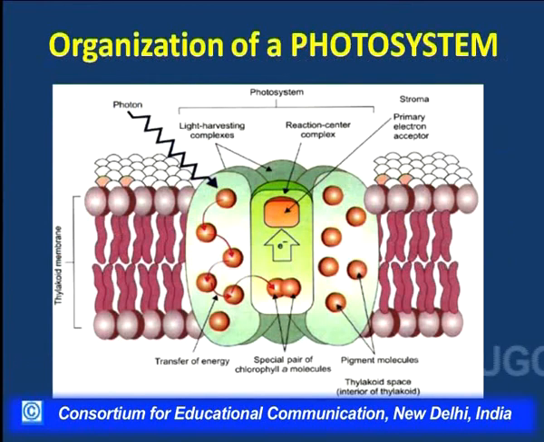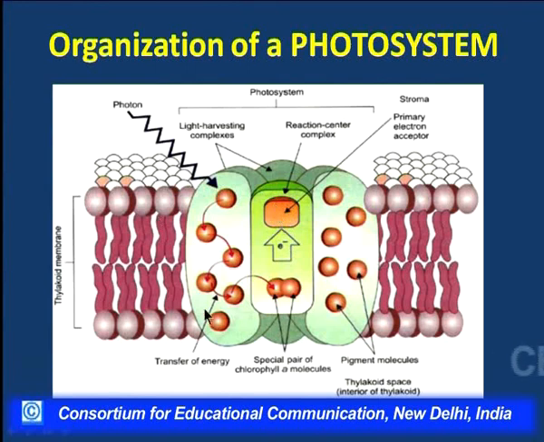This is how we can visualize the organization of a photosystem, where they are embedded in a membrane, and the light harvesting complexes are present which will take up the photons, and through resonance transfer there is a transfer of energy finally to a special pair of chlorophyll A molecules, which would constitute the reaction center complex. It is from here that the electrons are going to be ejected, and they are going to be accepted by what we call the primary electron acceptor.